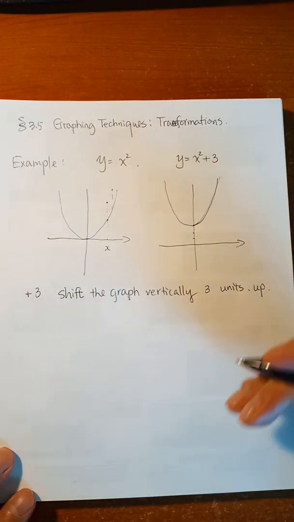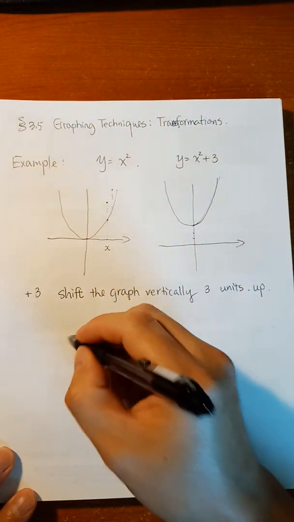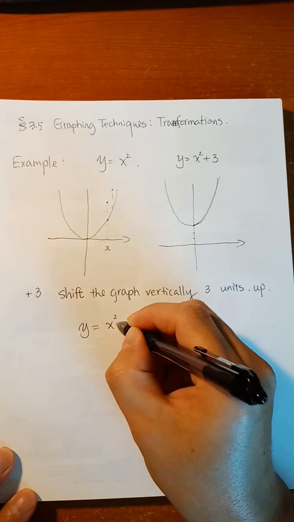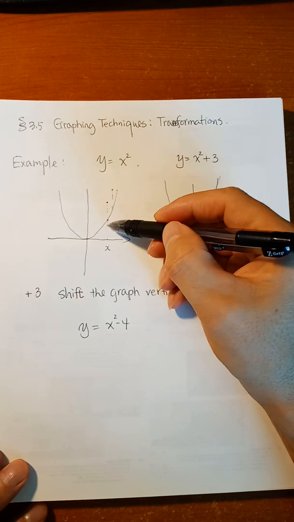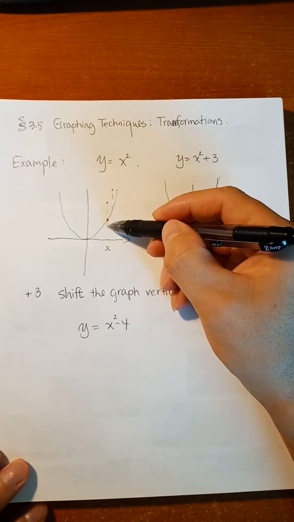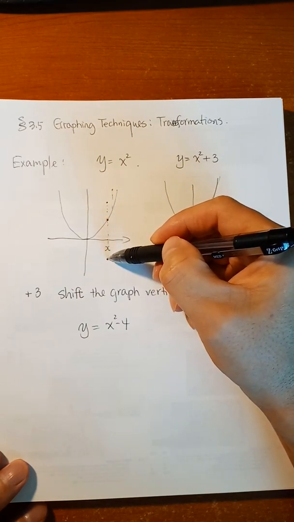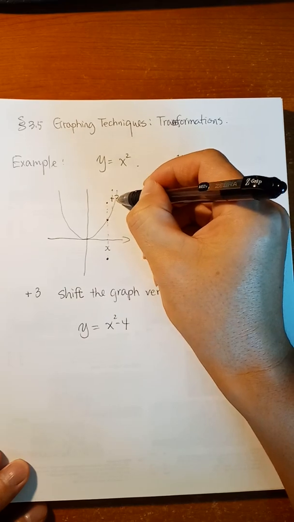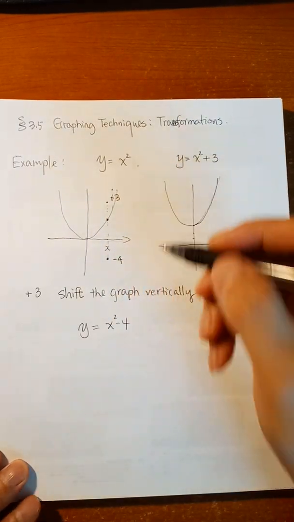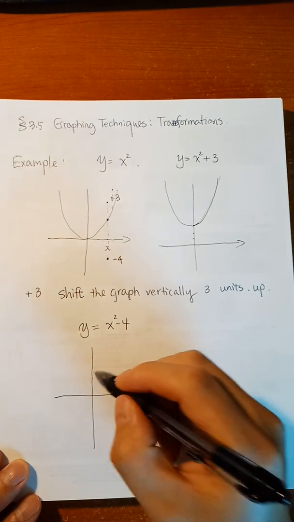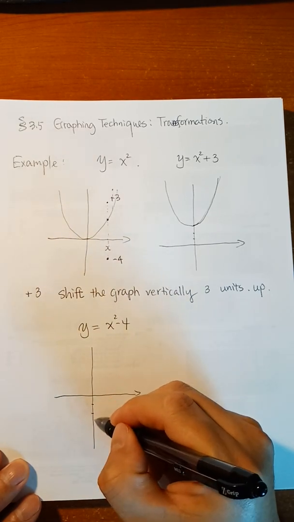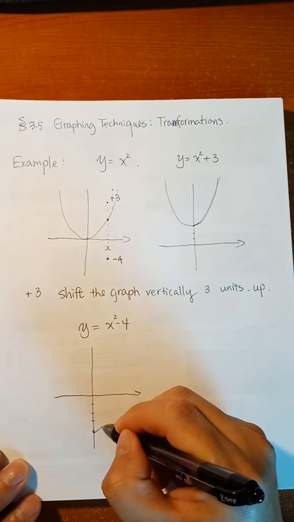And if you subtract, x squared minus 4, here you have x squared minus 4, you just vertically move it down. This is a plus 3. This is a minus 4. So 1, 2, 3, 4, negative 4.